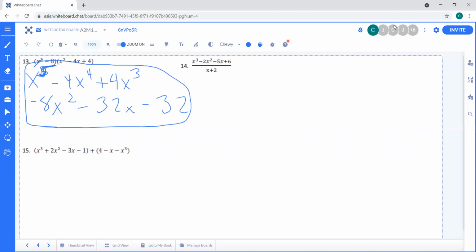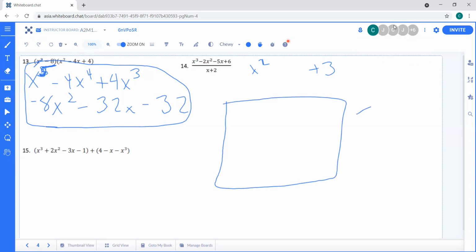Okay, 14. You should know that your answer is going to have the first term should be x squared and the last term should be 3. You should already know that. Well, since I know it's going to be plus, it should be about right here, all the way over there. Okay. So let's go ahead and I'll do the reverse tabular method down here for y'all.